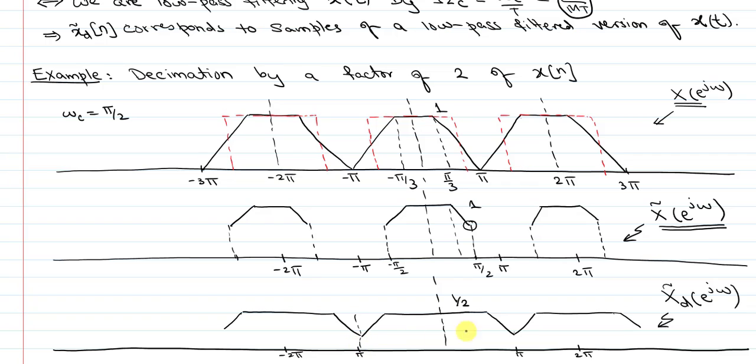This is my minus pi to pi region. And in this plot, if we did not do the low pass filtering, we would have had severe aliasing from the pi by 2 to pi region, because that region would have stretched into the pi to 2 pi region.